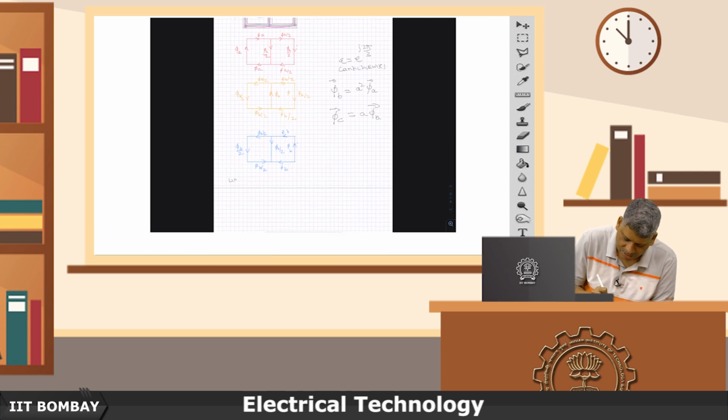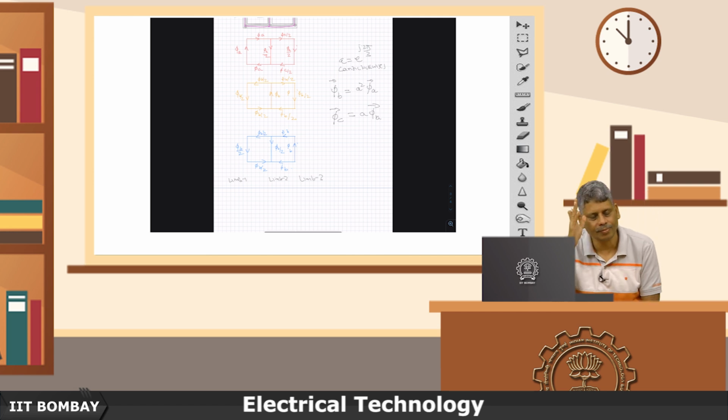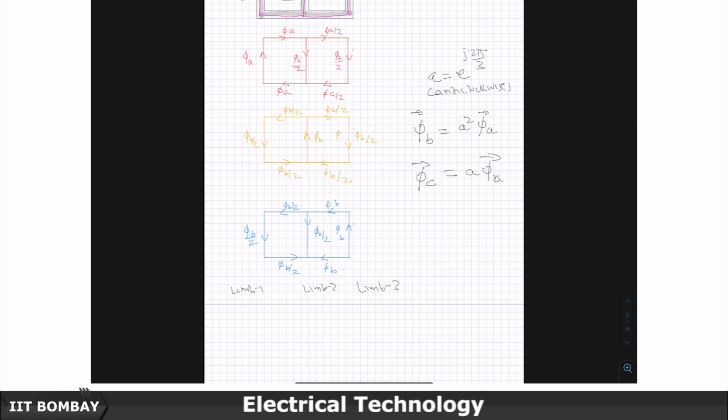There are three limbs here, right, limb 1, limb 2 and limb 3. Limb 1 has A phase windings on it, limb B has B phase windings on it, limb C has C phase windings on it.